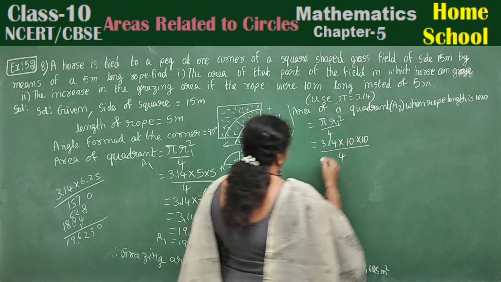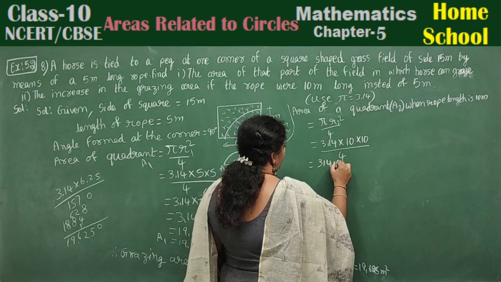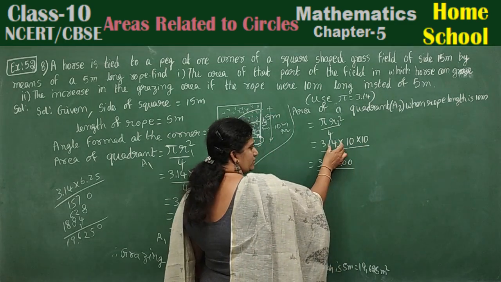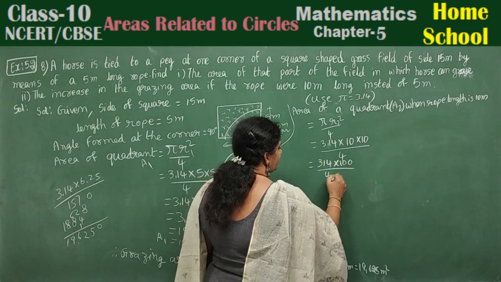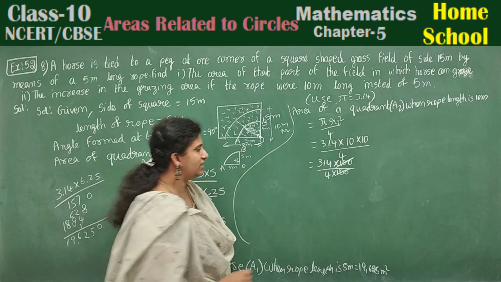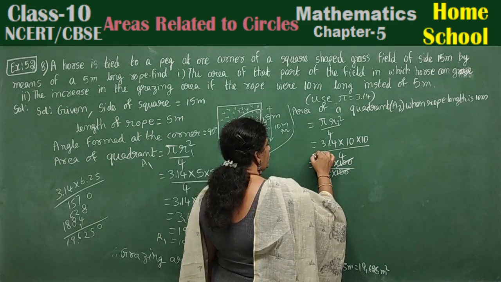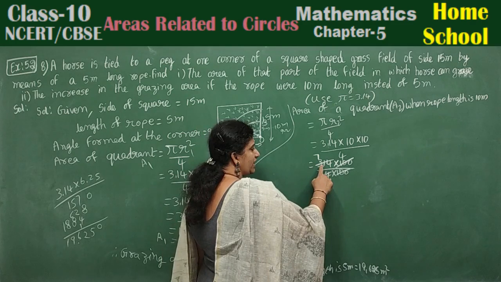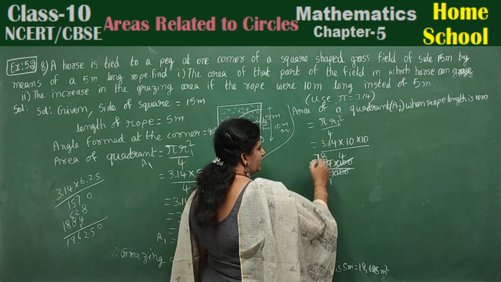So now 3.14, decimal remove, 314 into 100, 10 tens are 100 by 4. If you remove the decimal, 100 will be multiplied for the denominator. This 100 will be cancelled. And now 4 ones are 4. 4 sevens are 28. 31 minus 28 will be 3, 34. 4 eights are 32.